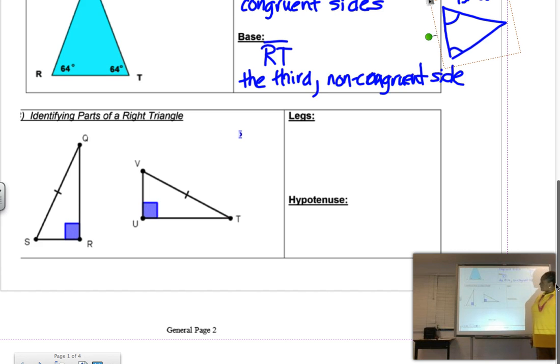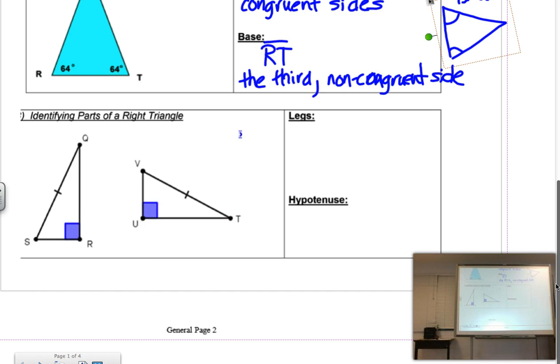Yes, QS. Okay, let me ask one person at a time. Nacelle, you're talking. What are the legs? QS here and QR. Raven? Oh, okay, I'm glad we're having this conversation.